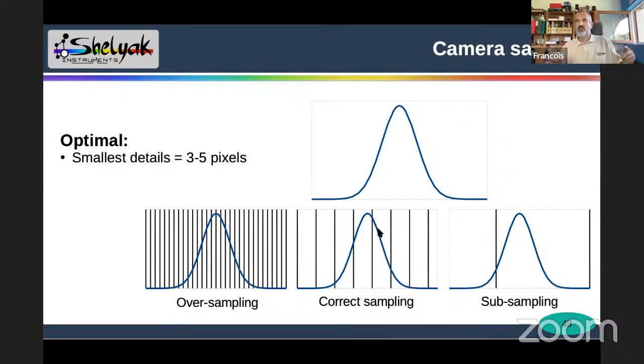And again, remember that the spectrum is a multiple image of the slit, and really you have to consider that this is the slit image on the CCD that will give you this size. So the correct sampling is that when you project the slit image to the sensor, it must cover a few pixels. Again, this is ideally. In real life, it's not always possible.